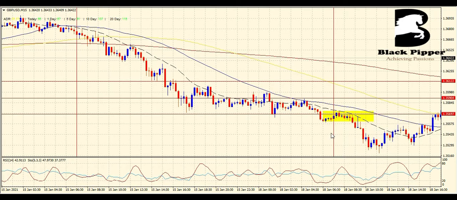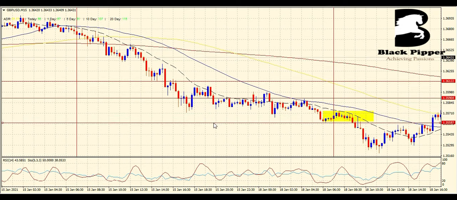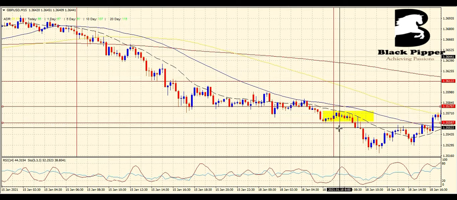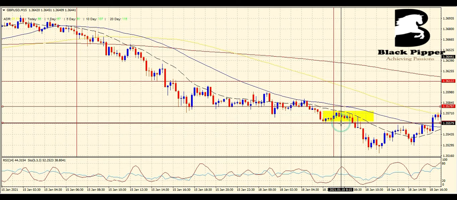You can see on this candle the breakout occurred, so we marked our entry here. We keep our stop loss slightly above the consolidation mark. Let's measure the pip distance. It's around 21 pips.